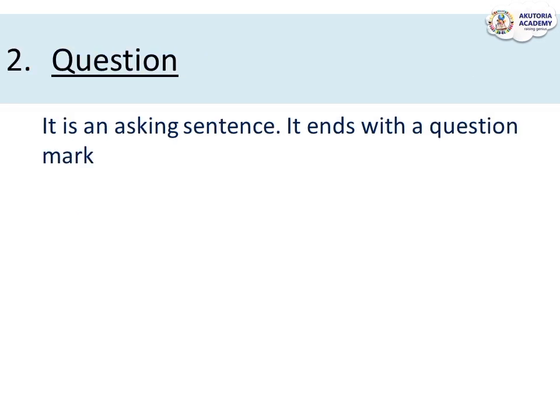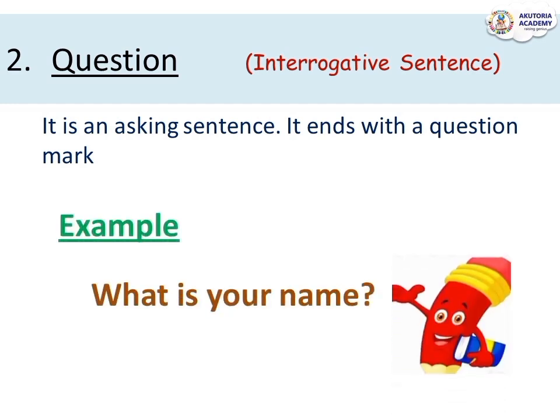The second type of sentence is question. A question is an asking sentence. It ends with a question mark. We also call questions interrogative sentences. Let's see an example of a question.